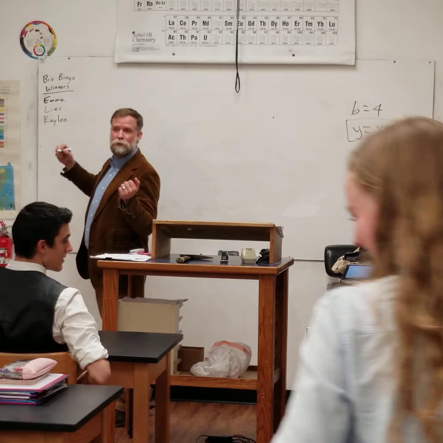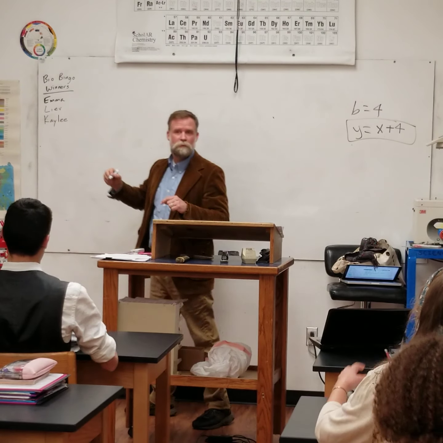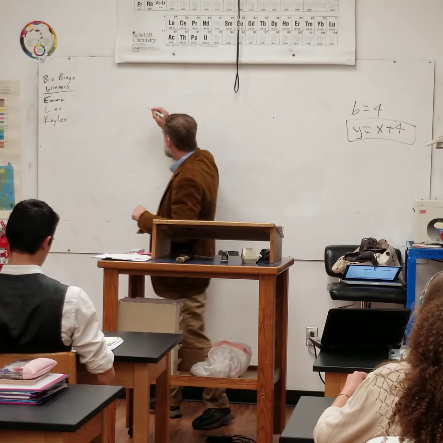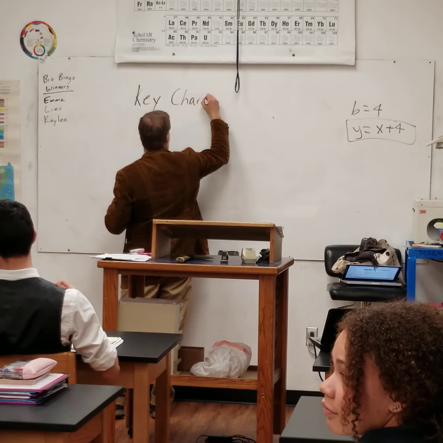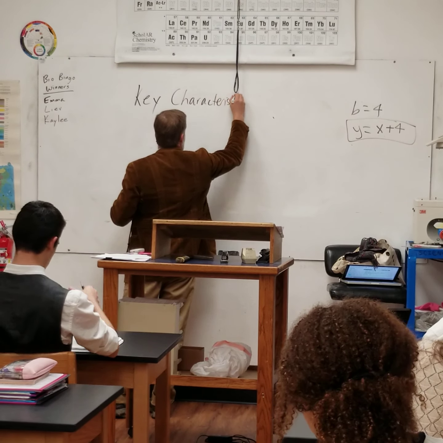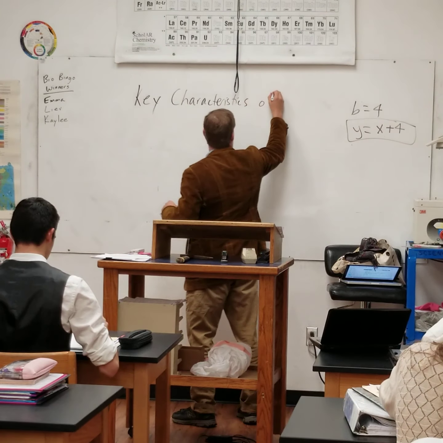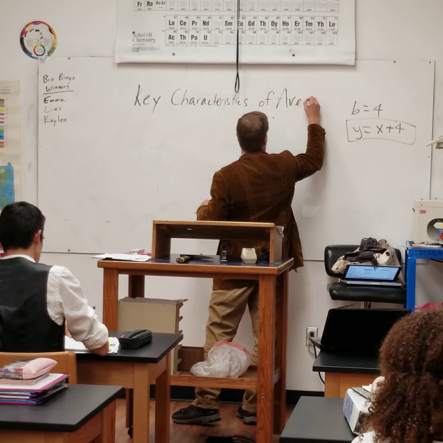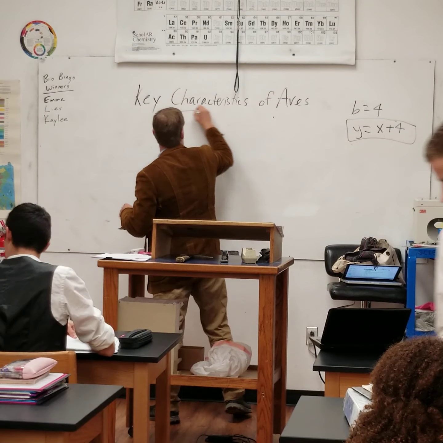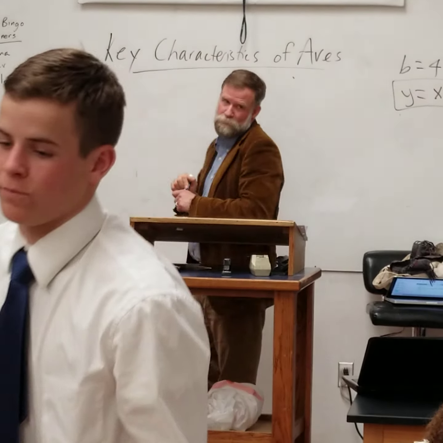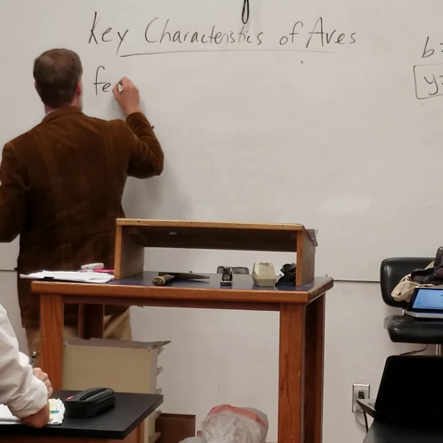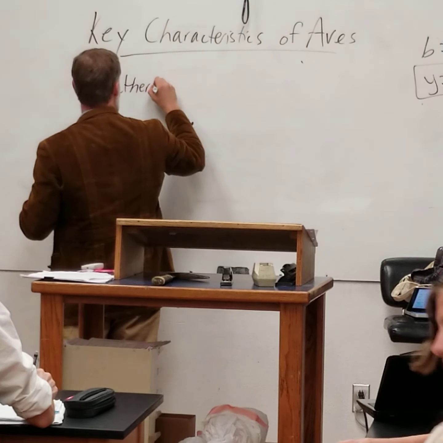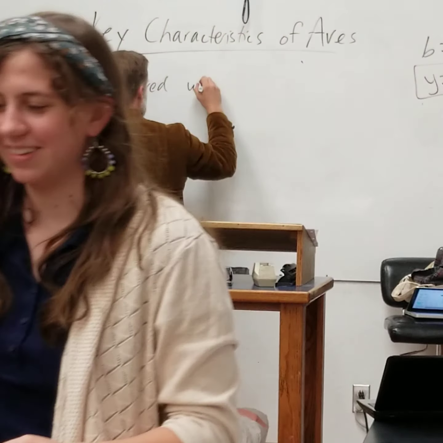In your notes, guys, hey guys, bring it down. Keep enjoying the bird, but listen. Key characteristics of Aves. Because this group is so well known to you, this list is going to be far more common sense than a lot of the other groups we've studied. So we have feathered wings, a definitive characteristic.